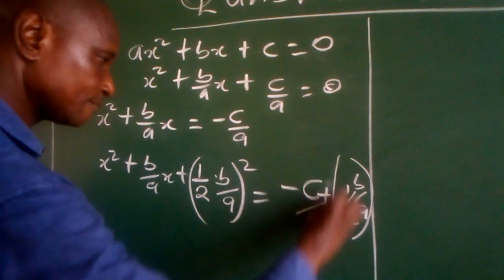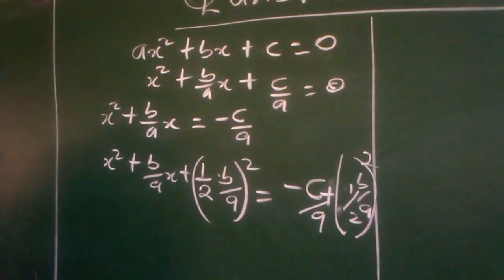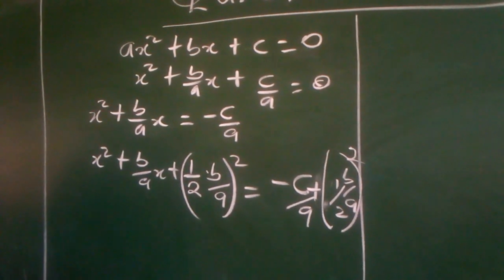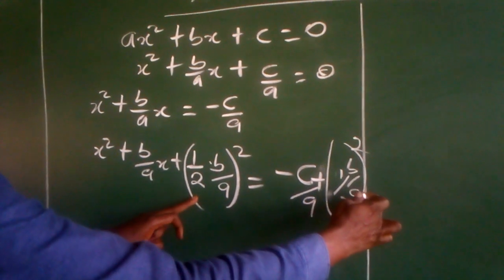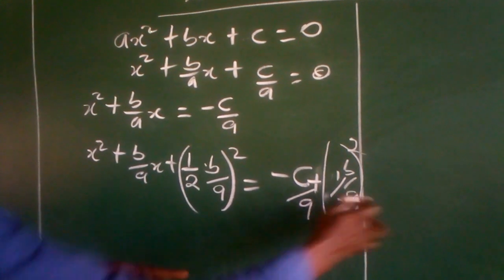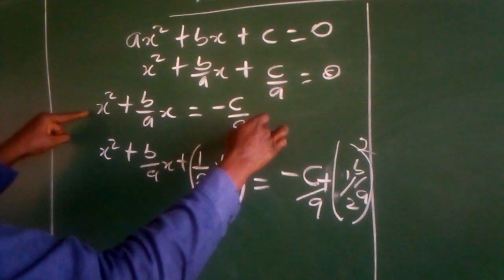This is the completing the square method. When this is subtracted, transferred to the right hand side and subtracted, it will remain the same equation.